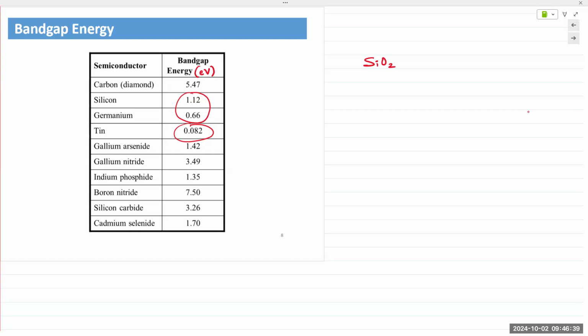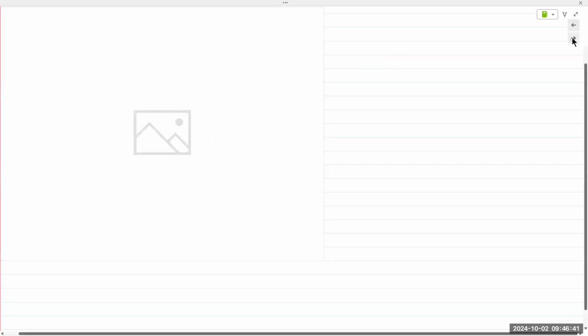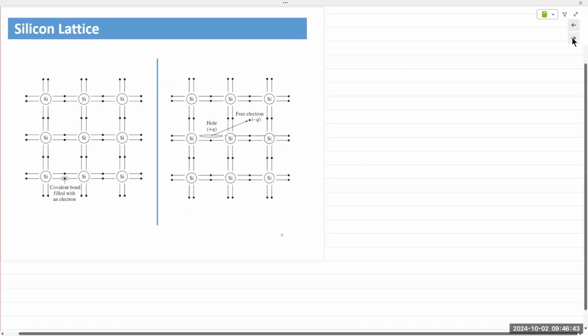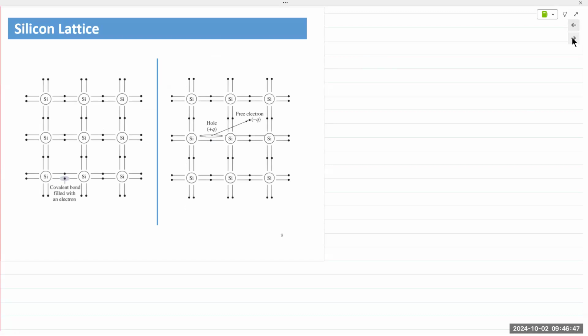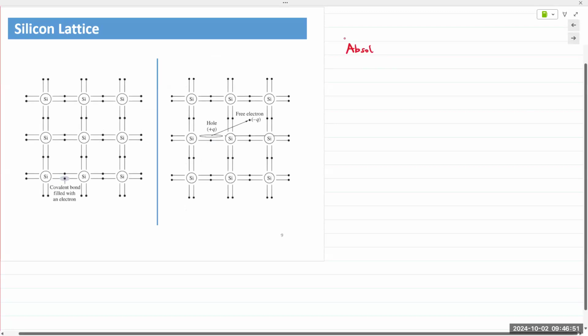Anyway, coming back to the lattice structure. We start at absolute zero. Absolute zero is the temperature in Kelvin, 0 Kelvin, named after Lord Kelvin, who invented that scale.